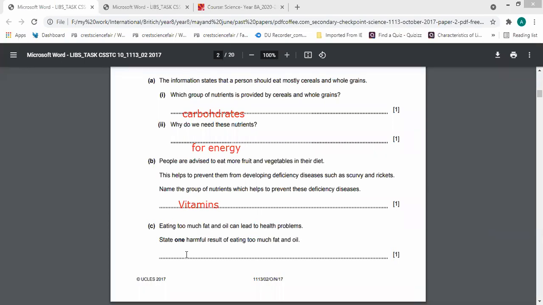We can say heart disease, we can say obesity, we can say high blood pressure.